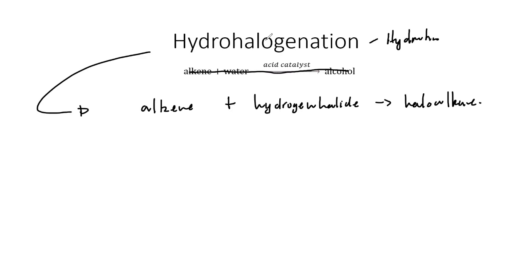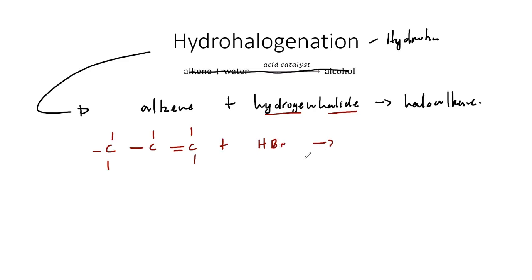Let's use propene. So I've got 1, 2, 3. And I'm going to put the double bond right there, as you can see. And then I'm going to add a hydrogen halide. An example, HBr. You can add HCl, that's also a hydrogen halide. You can add HI, hydrogen halide. You can add HF, hydrogen halide.